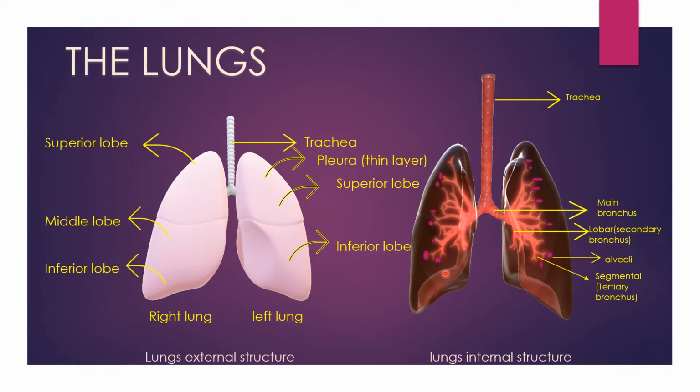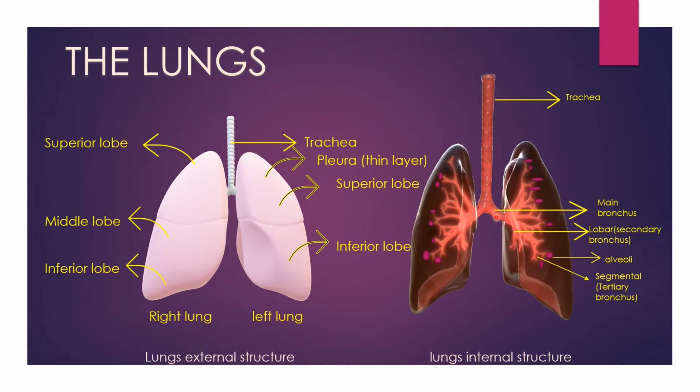As we told in the external structure, these both lungs are connected with one pipe that is trachea, also known as windpipe. This trachea will further divide into structures. First is the main bronchus. Second one is the secondary bronchus.